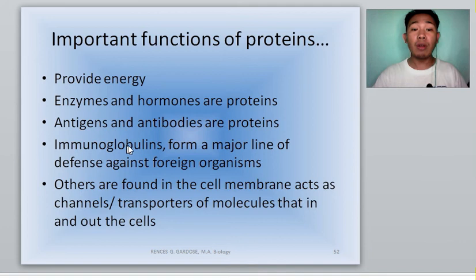Also, immunoglobulins form a major line of defense against foreign organisms. Others are found in the cell membrane that act as channels and transporters of molecules usually in and out of the cell.